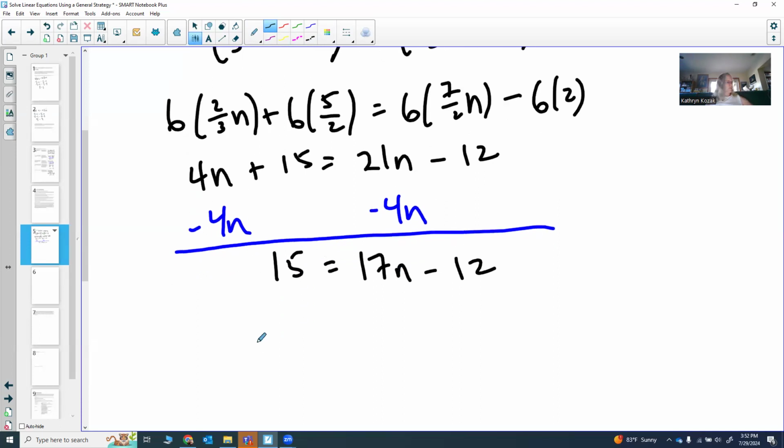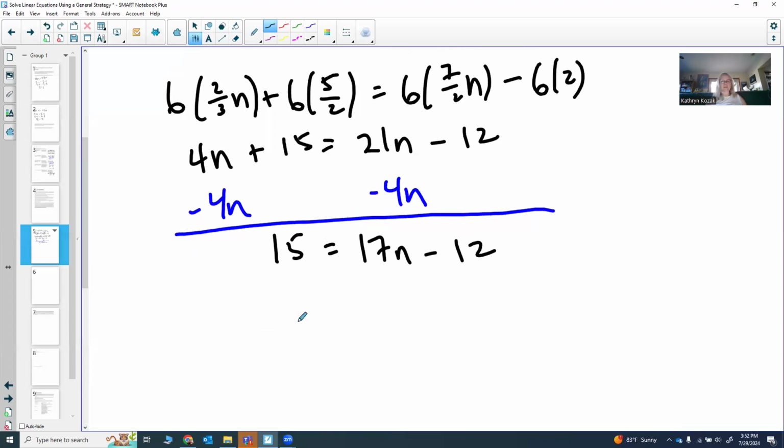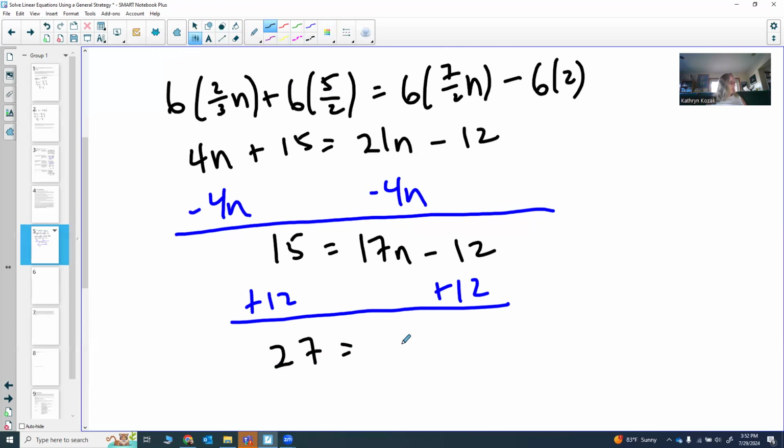Step 3, now move the constant term from one side to the other so the variable term is by itself. So add 12 to both sides of the equation. That gives you 27 is equal to 17n.